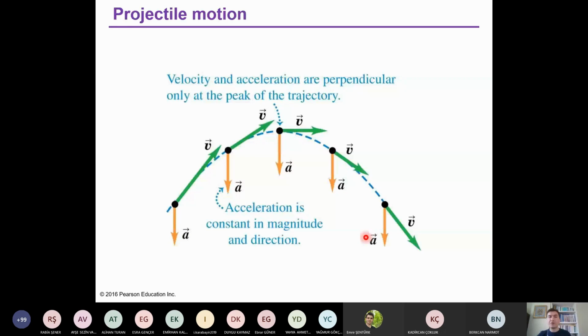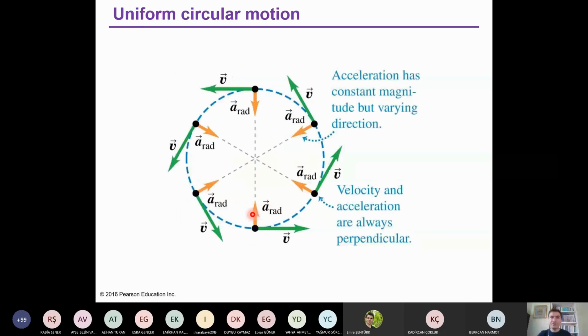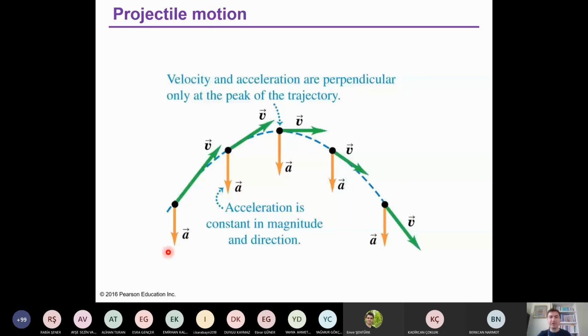In projectile motion, the direction of the acceleration does not change. But in uniform circular motion, the direction of the radial acceleration changes, though its magnitude is constant. Here, both magnitude and direction are constant in projectile motion. What about the velocity and acceleration?